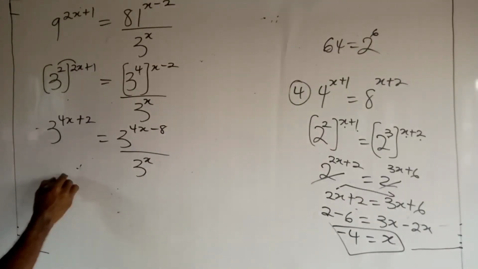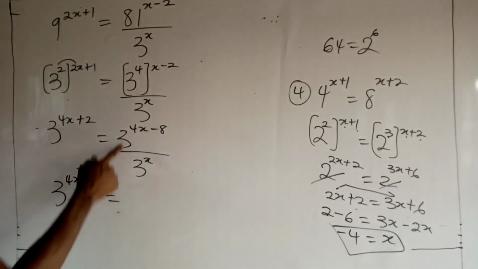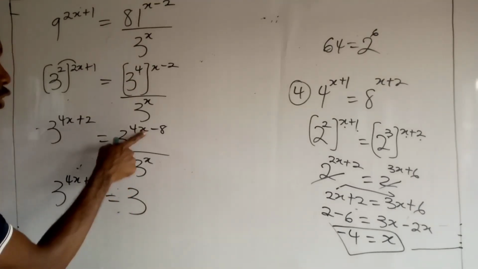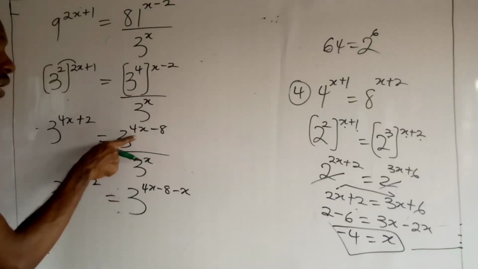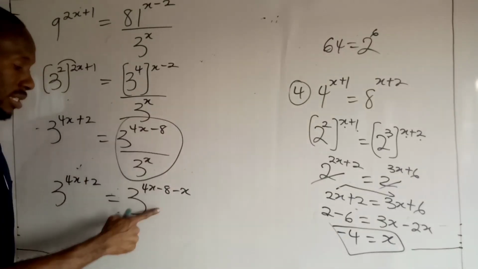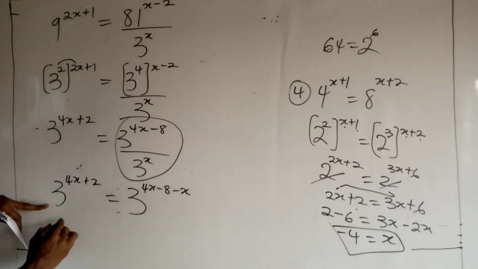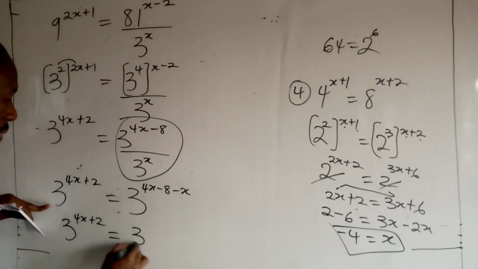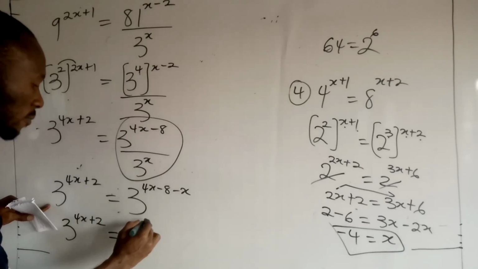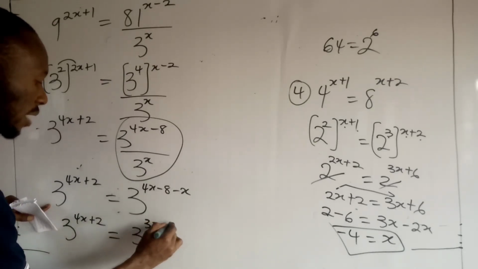You take one of the base, which is just 3, and you subtract the exponent. So you have 4x minus 8, then minus x. So at this point, you have 3 to the power of 4x plus 2 is equal to 3 to the power 4x minus x, which gives 3x, then minus 8.